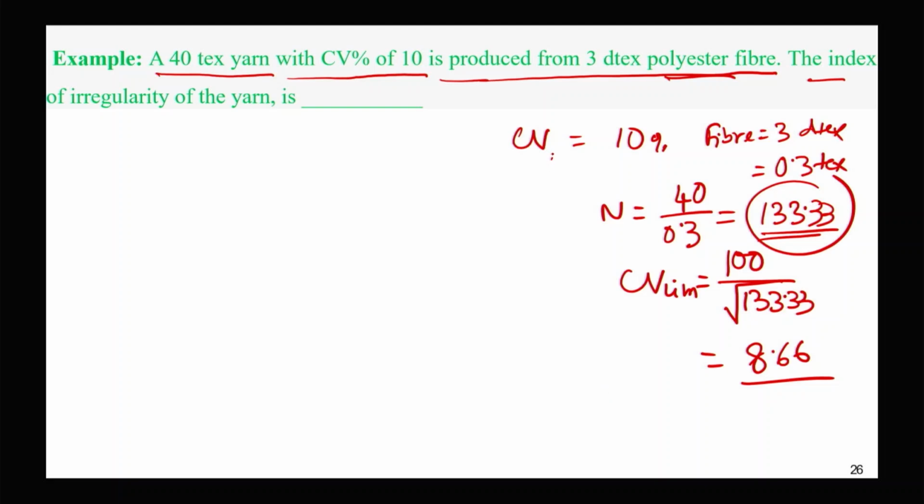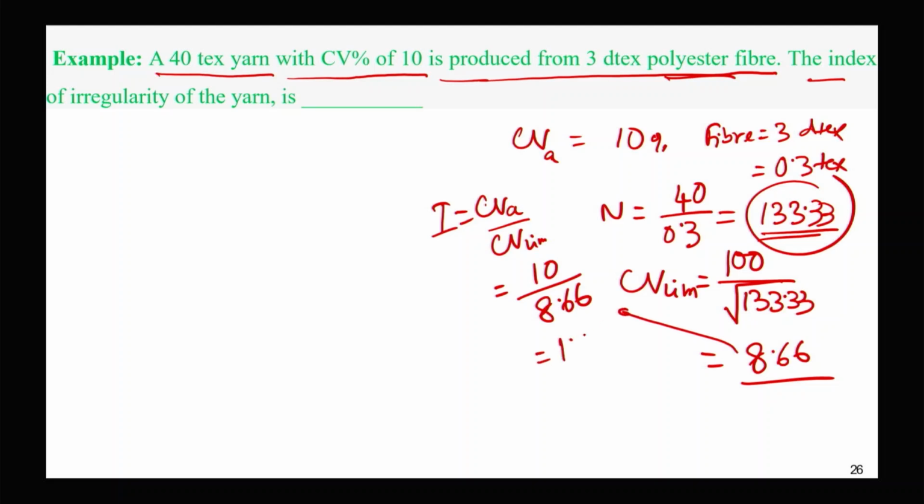Then we have to calculate the index of irregularity. Index of irregularity is the ratio of CV actual by CV limit. Ten is the actual CV and the limiting CV is 8.66, so it will become 1.15. From there we can guess the performance of the machine.